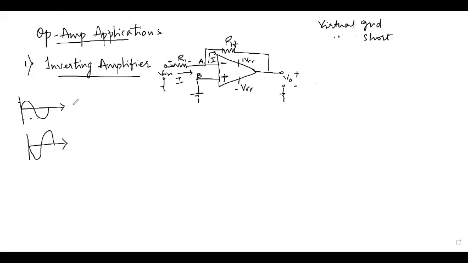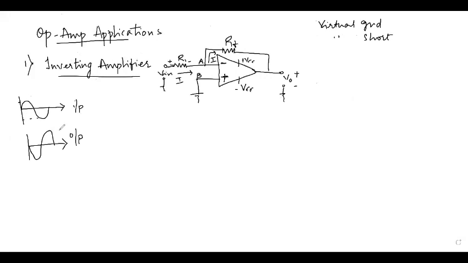So this is the input signal and this is the output signal. My output should be inverted plus it should be amplified. This is what I expect of the output of an inverting amplifier.